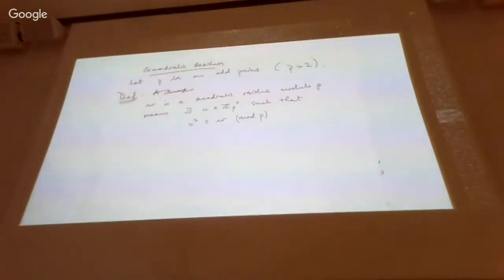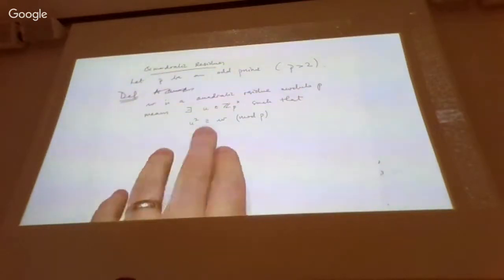In the back of your mind, you're connecting it with what we already know about real numbers: u is a square root of w. But we tend not to use the phraseology square root, and we definitely tend not to use the square root symbol in number theory. So w is a quadratic residue if there exists something such that when you square it, you get w.